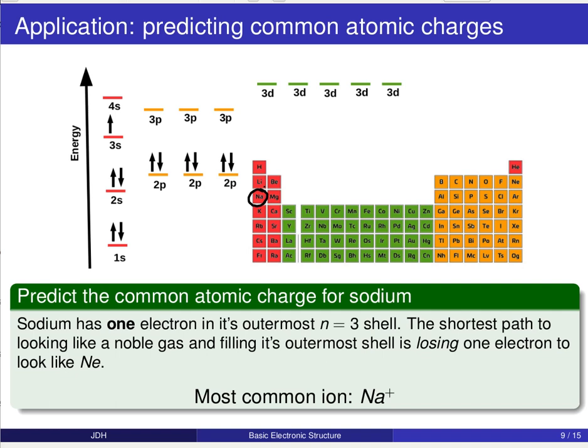So for sodium, once again, the options are to gain 7 to look like the noble gas across the same row, argon, or sodium could simply lose that outermost 3s electron, and then form, of course, a sodium plus ion that would have the exact same electron configuration as neon.